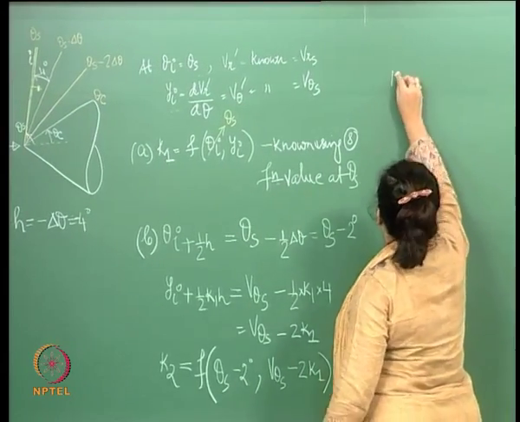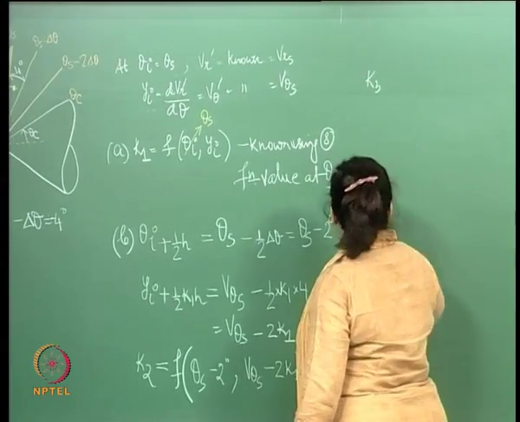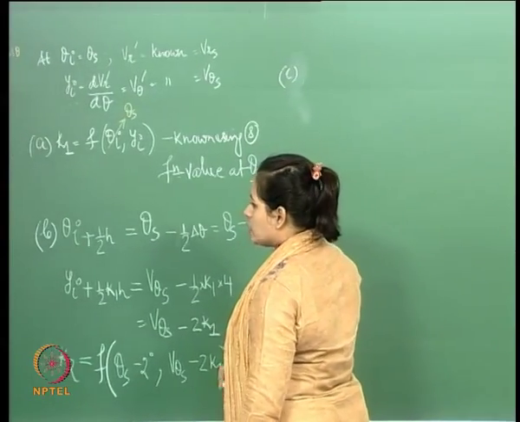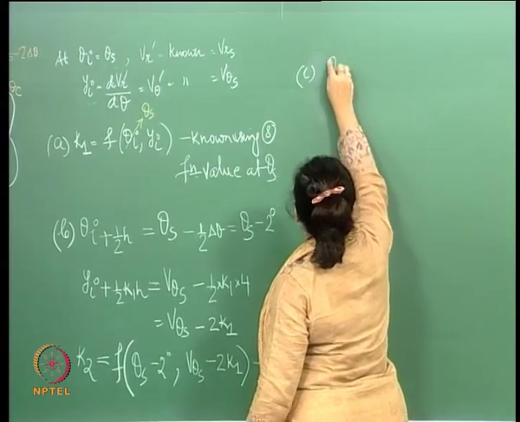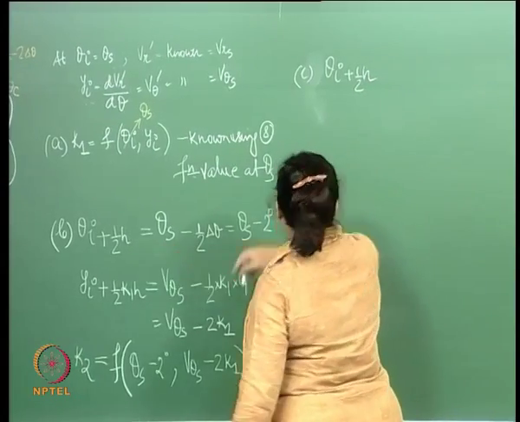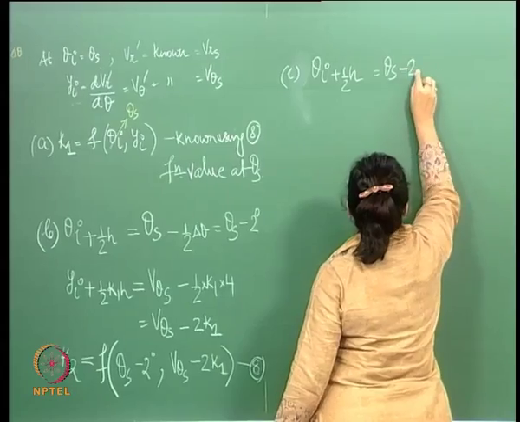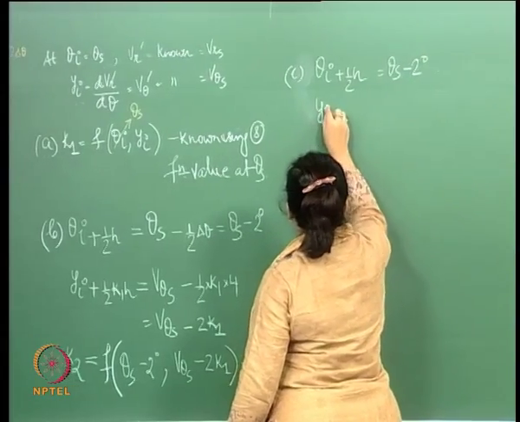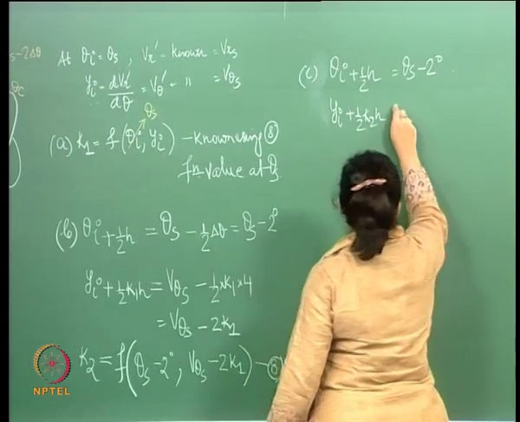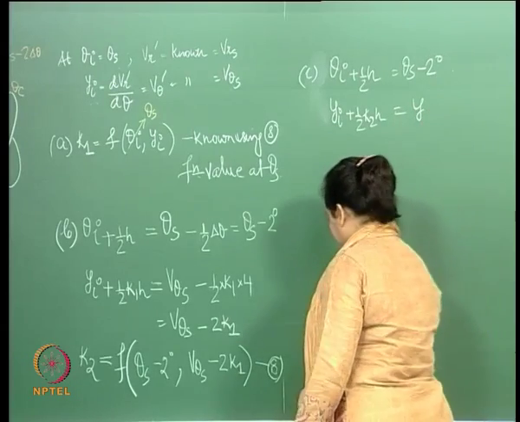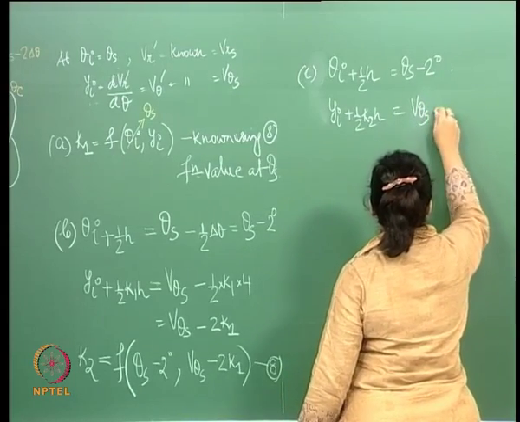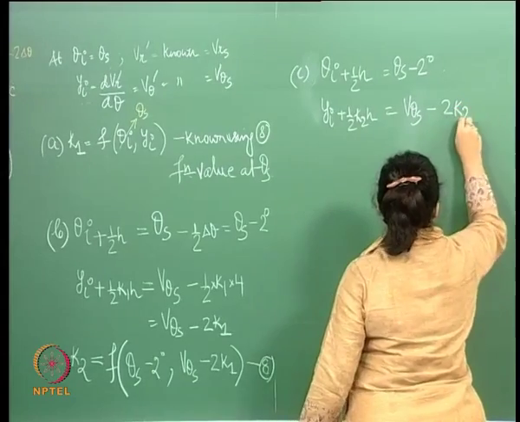So, k3. Okay. Now, so what we need now, k3, is essentially the same as this value here. Now, y I was essentially v theta s minus 2 k2.